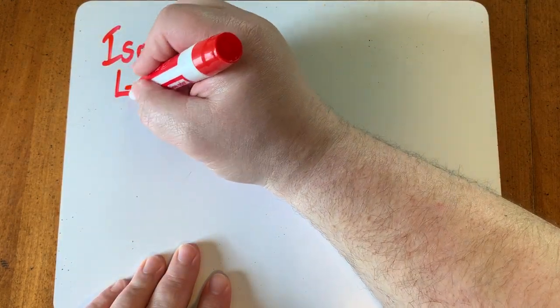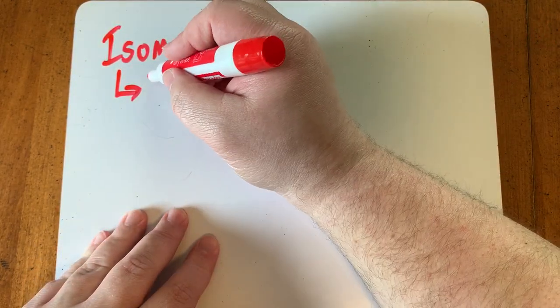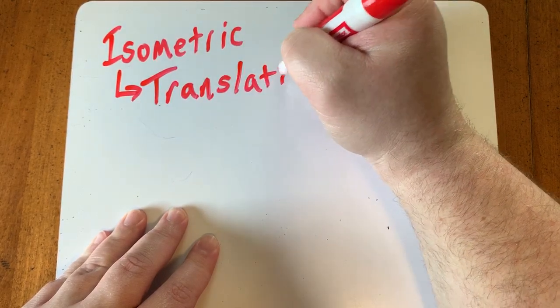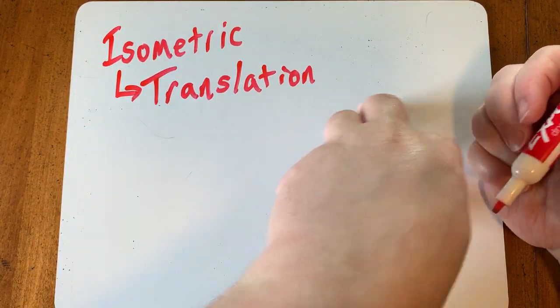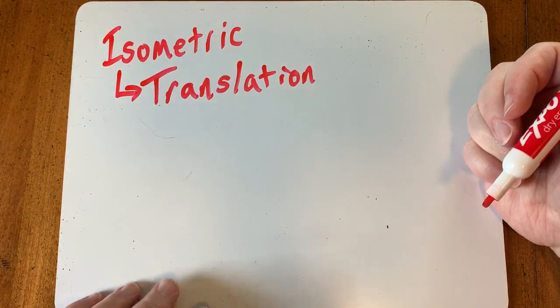Some examples of isometric transformations are translations, which you may be more familiar with as just calling them shifts. But that's just taking an object and moving it left, right, up, down, or any combination of those.